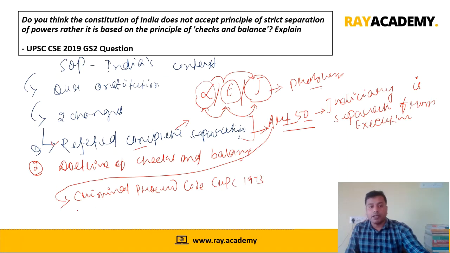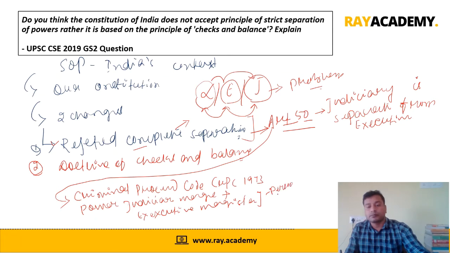So what change did we make? Earlier, the power exercised by the judicial magistrate and the executive magistrate, they were the same person. Earlier, that used to happen.